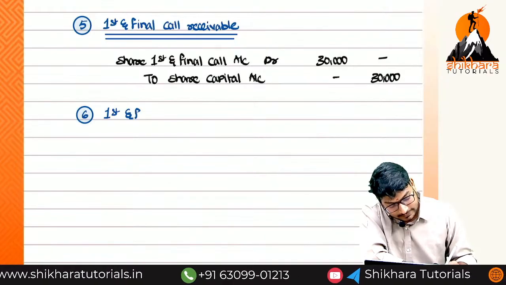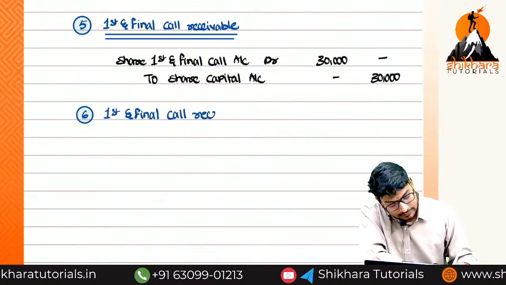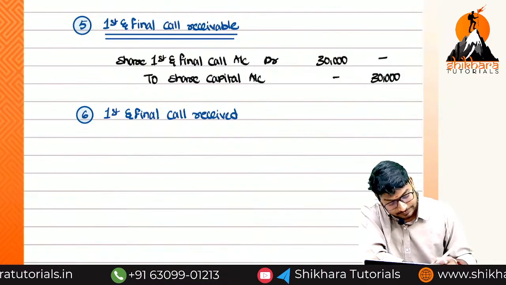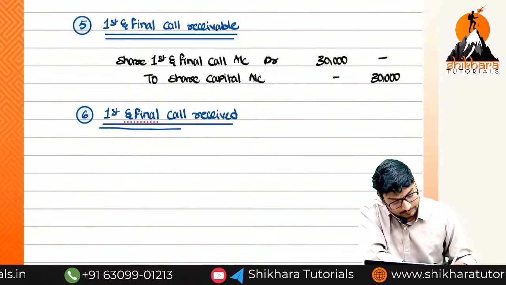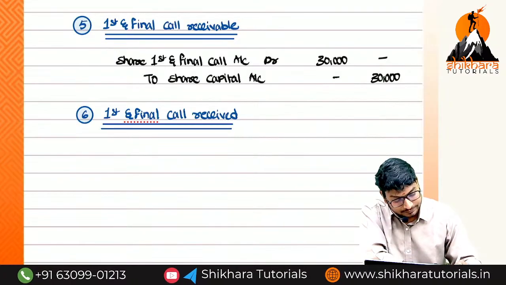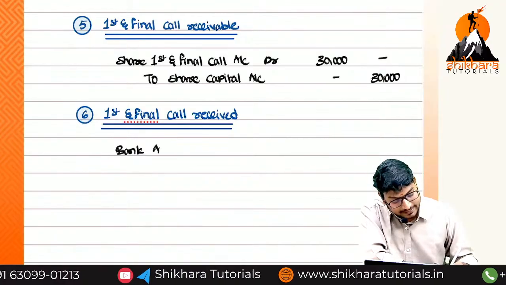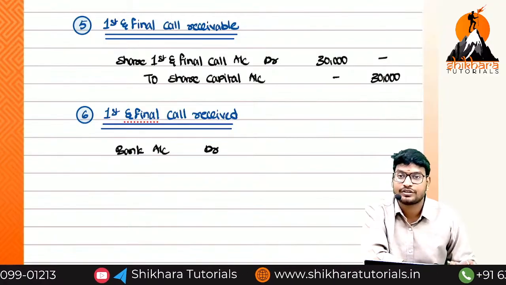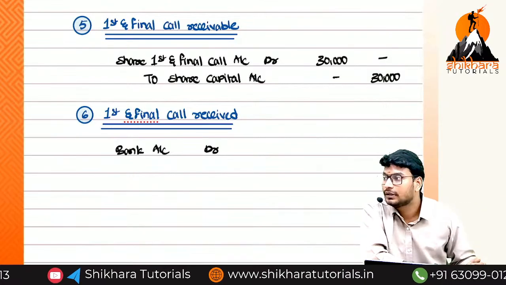First and final call received. How much amount have we received? Bank account debit, how much have we received, ma? At this point of time, 27,000. Already how much have we received? 3,000.